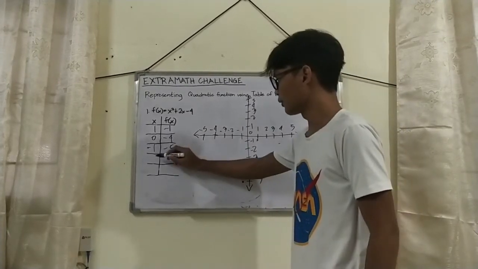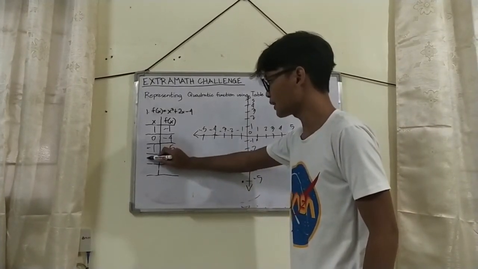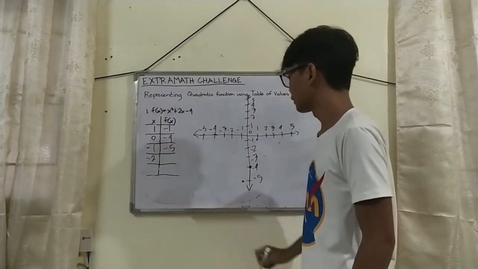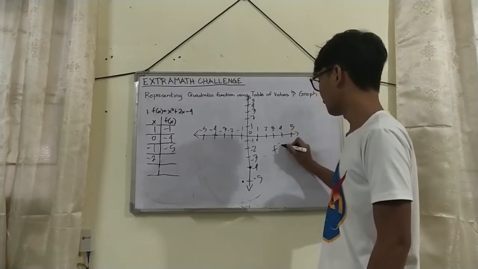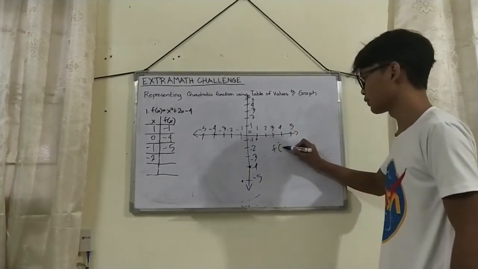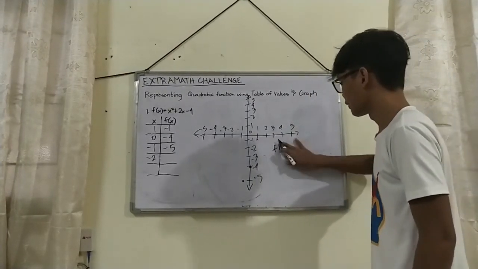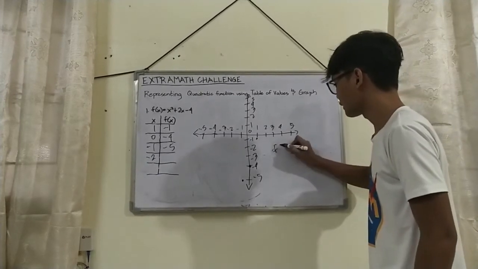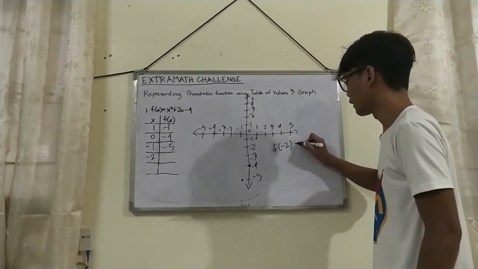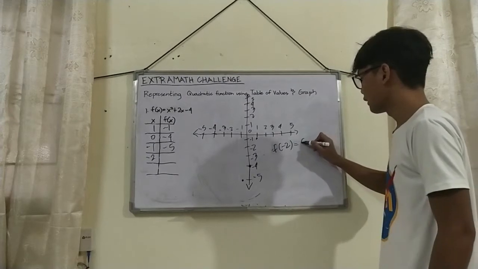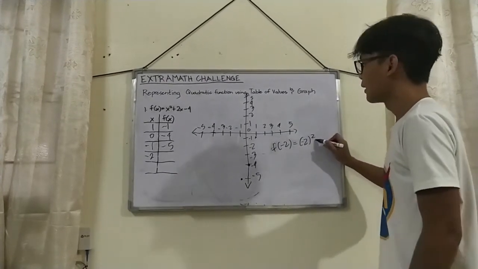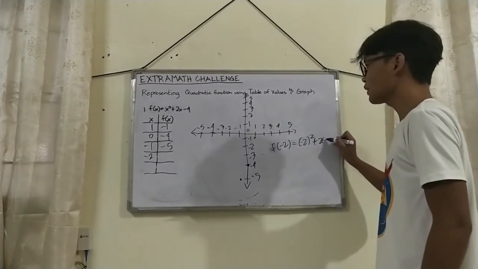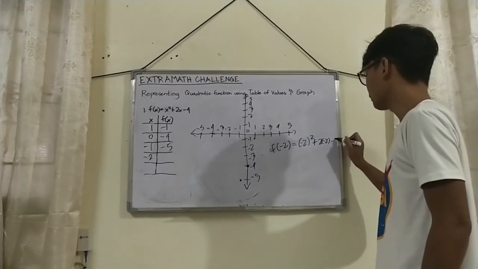We let x be negative 2, and we have f of x is equal to negative 2 squared plus 2 times negative 2 minus 4.